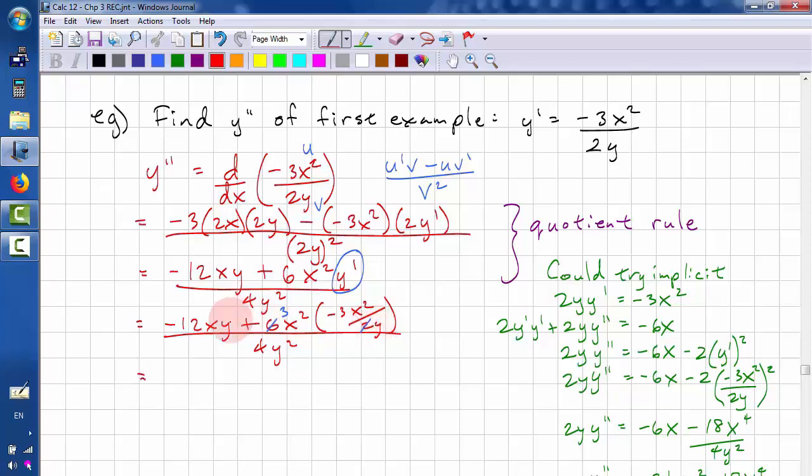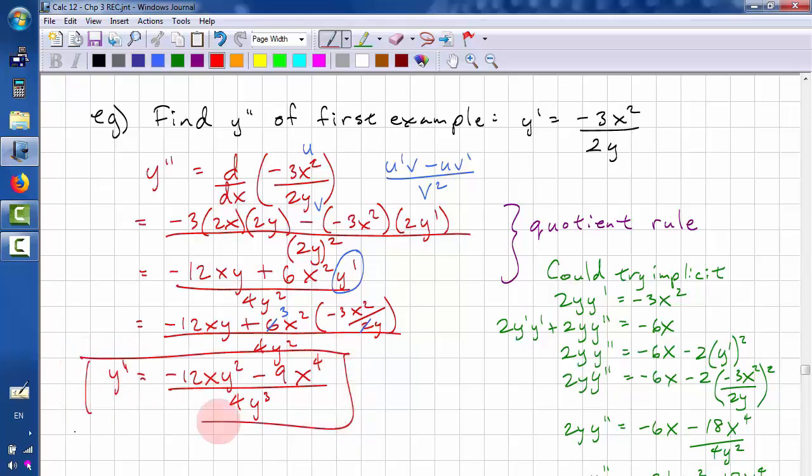Okay, so we're going to multiply this by y over y. There's a y here in the denominator, and there's a y here in the denominator, so it's just going to come here. So we have negative 12x y squared. There's one minus sign, so minus a 3 and a 3, so that's 9 x squared, that's x to the power of 4. And then we have 4y cubed. And that's our final answer.